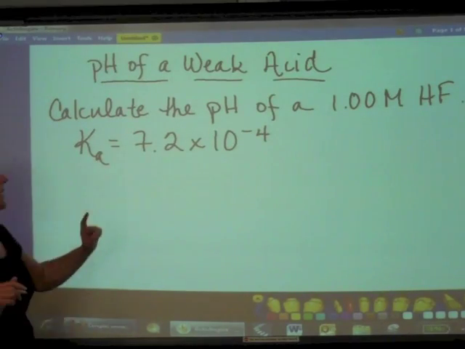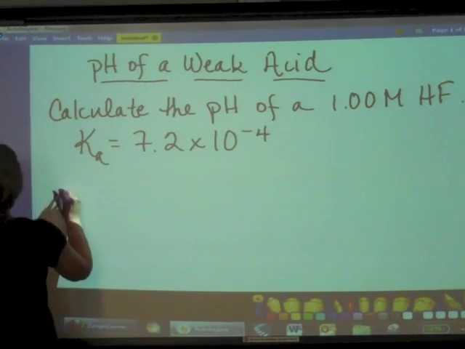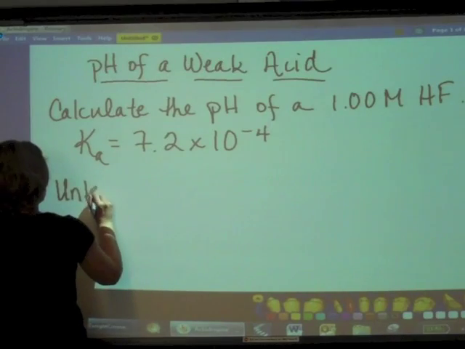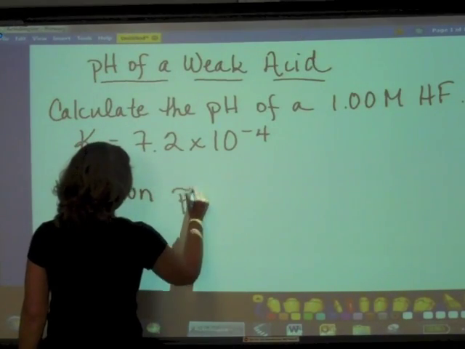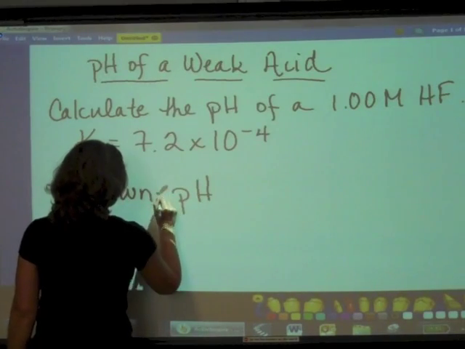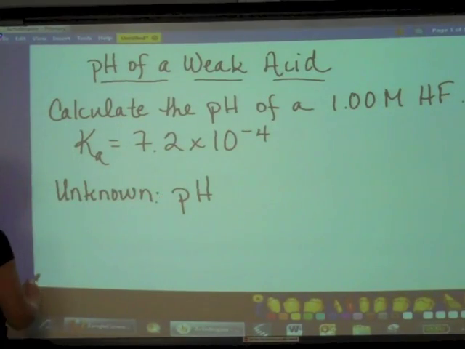Okay, so we are looking for our unknown here, which is the pH. So we're looking for the hydrogen ion concentration of a 1 molar hydrofluoric acid solution.